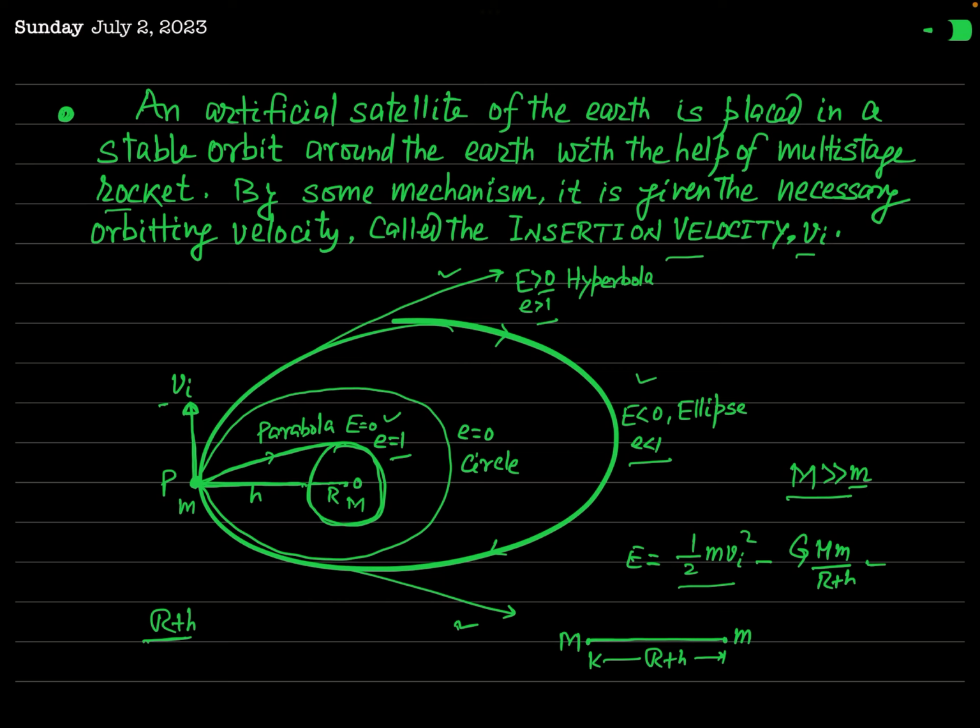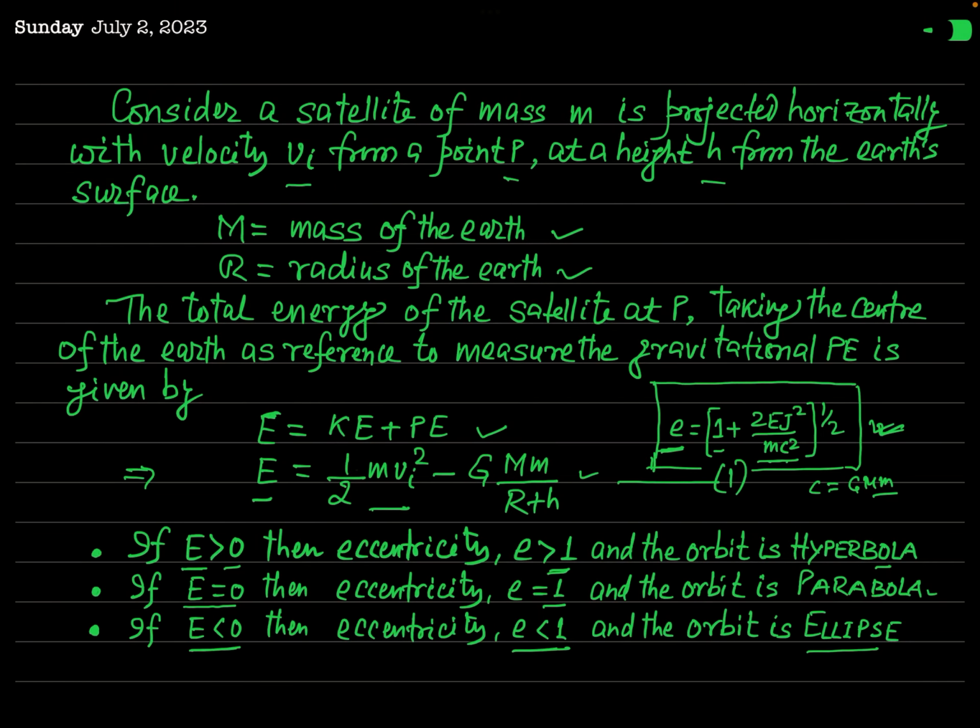So you can see, if the eccentricity is equal to 0, it means when 2EJ squared over mc squared is equal to -1.